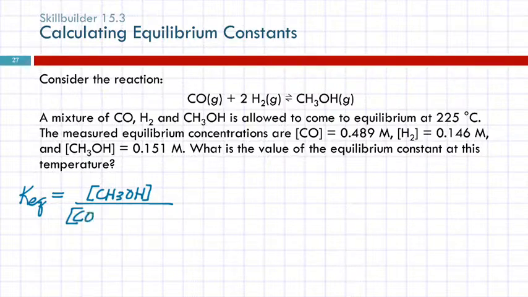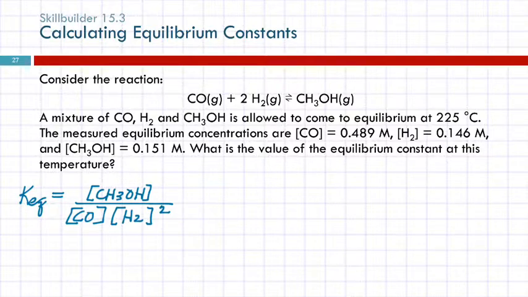And then divided by the reactant concentrations: CO is 1, and H2 has a coefficient of 2, so I have to square that. Products divided by reactants, the coefficient becomes the exponent.